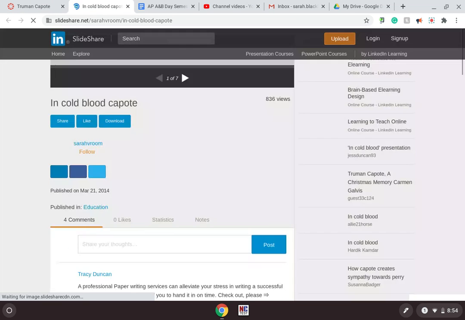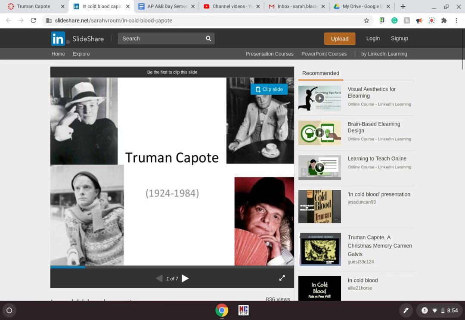Mr. Truman Capote, very interesting fella. So Truman Capote, and these are pictures of him at various points in his life. He was very eccentric, life of the party, very extroverted, flamboyant, very much a social creature, shall I say.